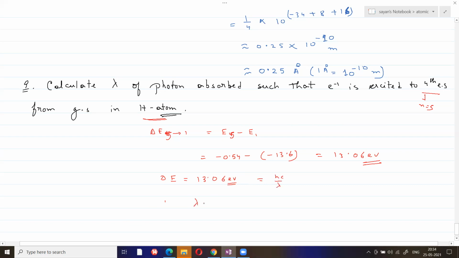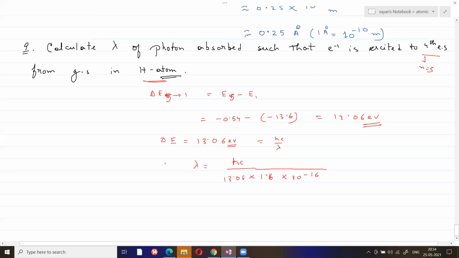Now del E equals hc by lambda, and we have to find lambda. Lambda is hc by 13.06 electron volt. You have to convert it by 1.6 into 10 to the power minus 19. Put the h value, 6.6 into 10 to the power minus 34, and the c value, 3 into 10 to the power 8, over 13.06 into 1.6 into 10 to the power minus 19.